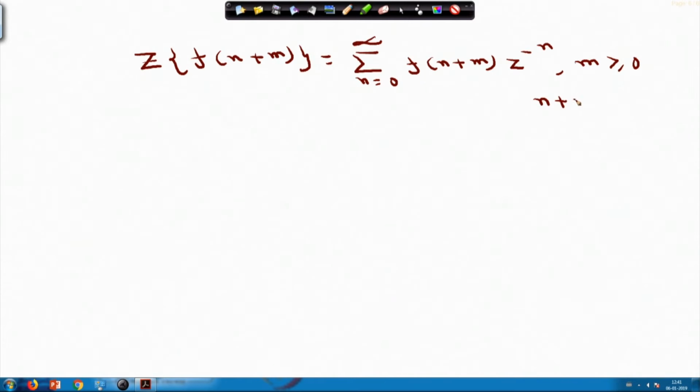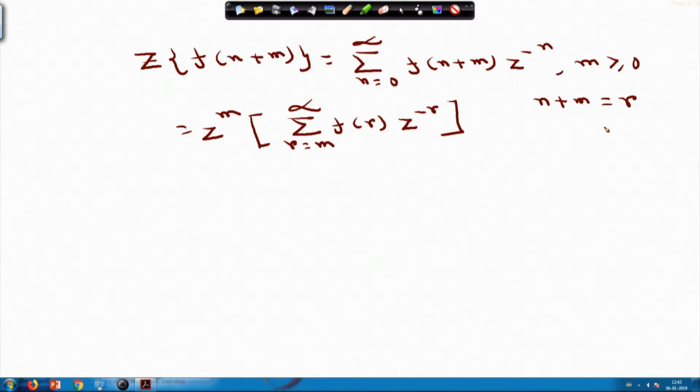Again following the same process, which I am not repeating, we can assume that n plus m equals r, and instead of z to the power minus m, here it will be z to the power m into summation over r equals m to infinity f of r z to the power minus r.